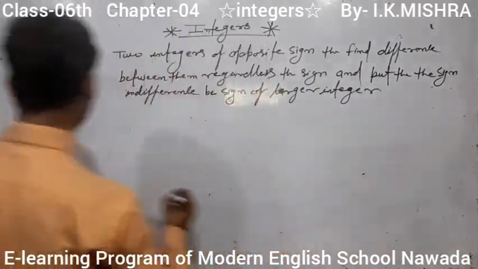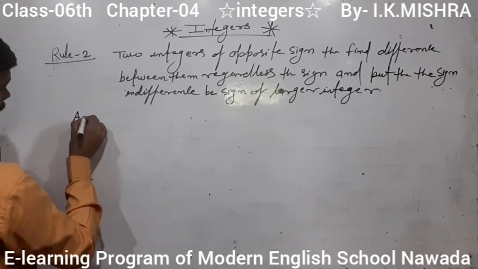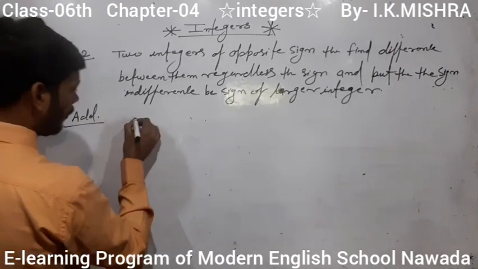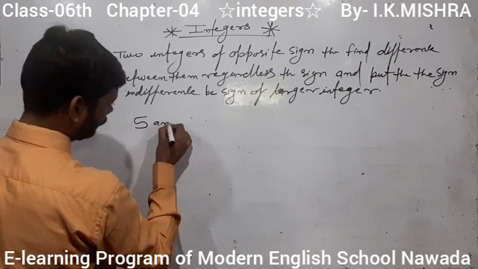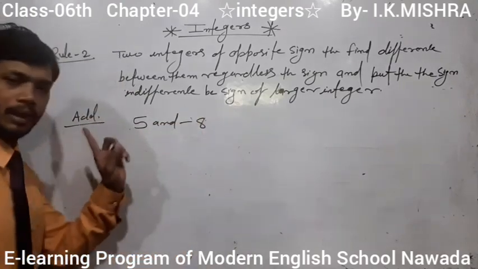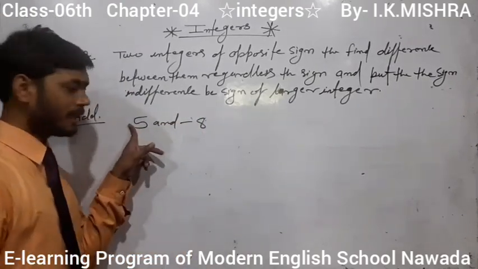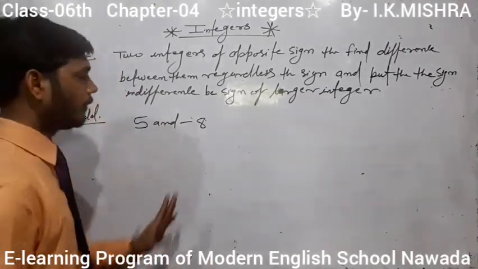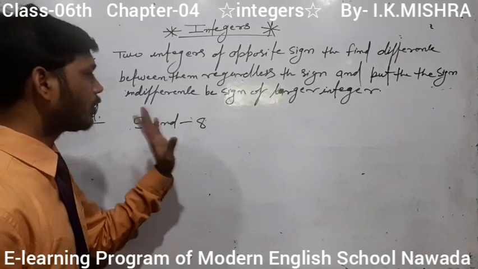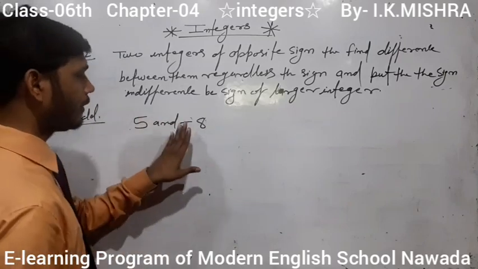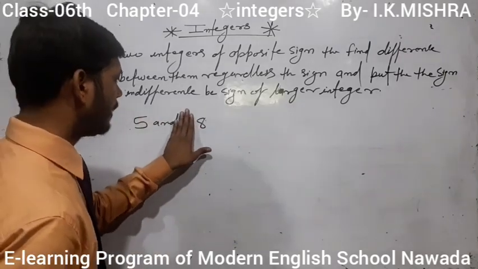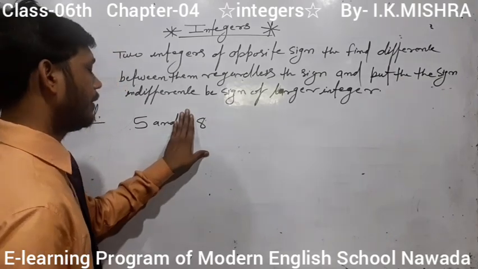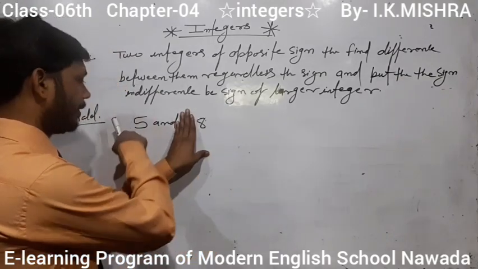Students, suppose you have to add 5 and minus 8. Here, students, one is a positive integer and another is a negative integer. So when you have to add, first of all find the difference. When you hide the signs, it will be 8 and 5.